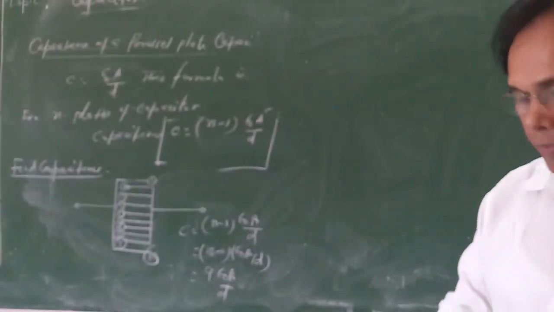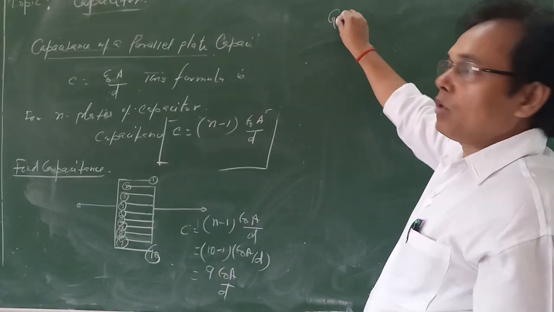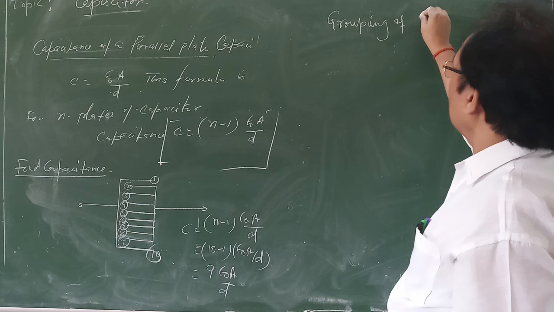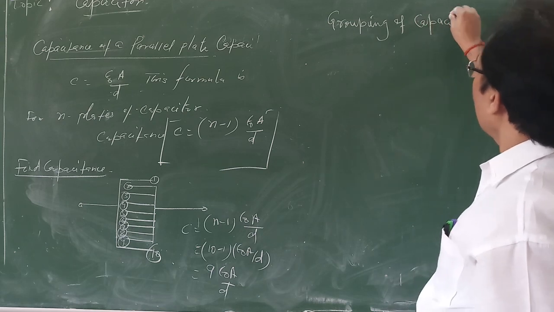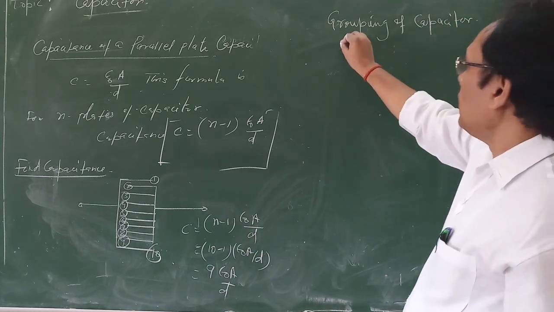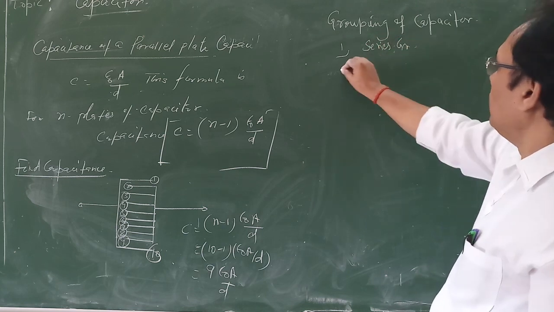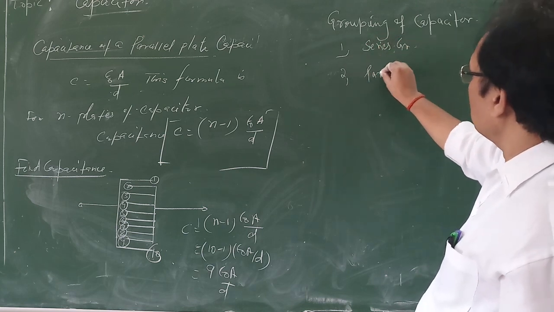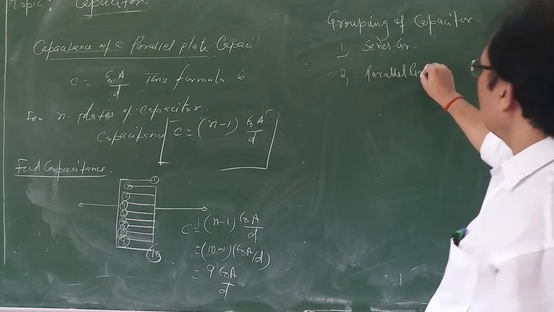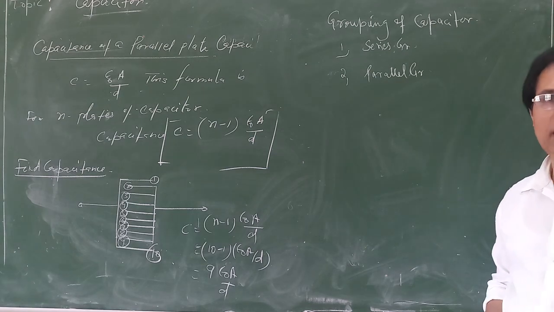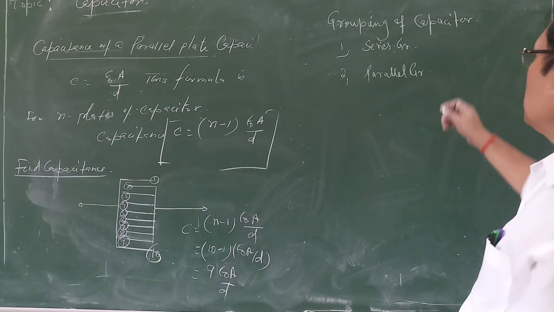Now see the grouping of capacitors. There are two types of grouping: series grouping and parallel grouping.